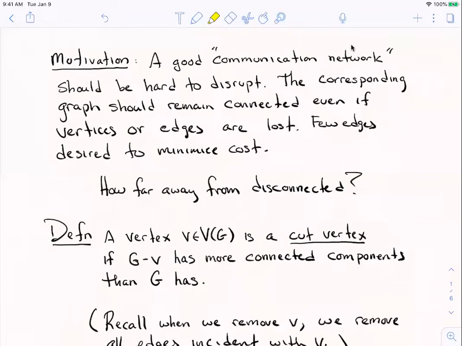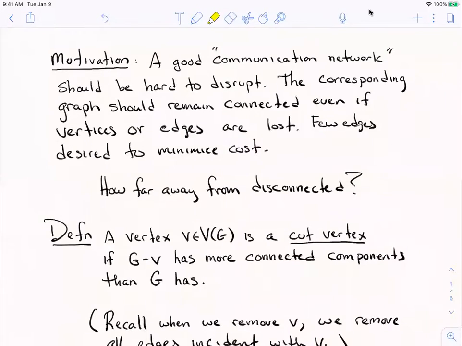Maybe it's a distribution network, little physical supply lines. So by communication network, I mean something very broad. But the nodes in the network represent the entities that want to communicate with each other, and edges would represent whether they can communicate. And Doug West, and I believe this, says that a good communication network should be hard to disrupt. What does that mean?